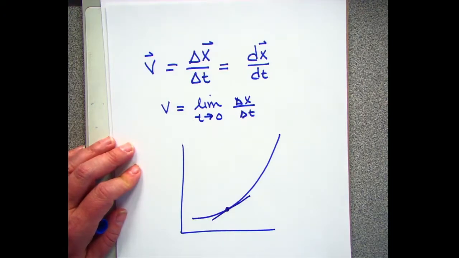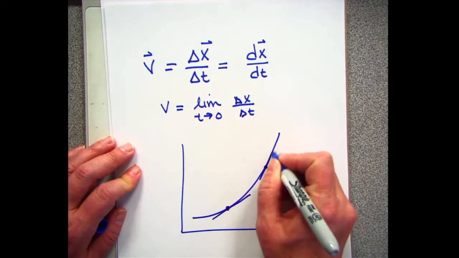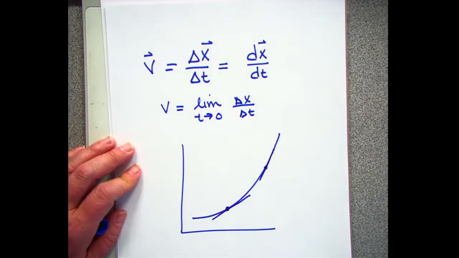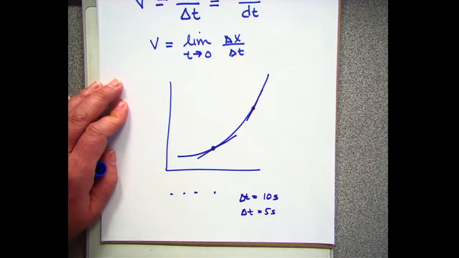I can look at my instantaneous velocity right through here by doing that limit as I get smaller and smaller. One of your homework problems in WebAssign will have you carry it out to 4 significant figures, so you can see that a change in time of 10 seconds versus a change in time of 5 seconds gives a different instantaneous value for the velocity.